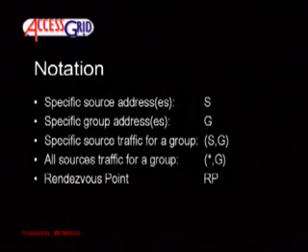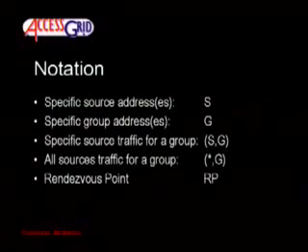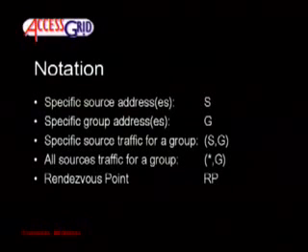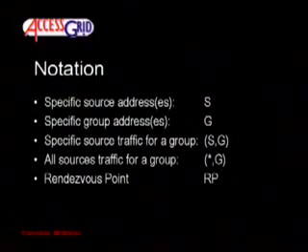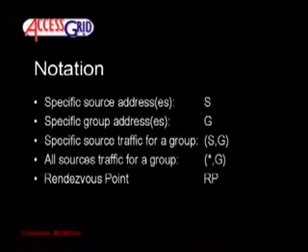If you're talking about all the packets going to a group or forwarding state in a router or whatever, that's referred to as (*,G). I may slip these into my talk later, and if I do, it's jargon, I'm sorry. And RP is the PIM sparse mode rendezvous point. That's basically just some notation, so if I slip them in my slides, you'll know what I'm talking about.